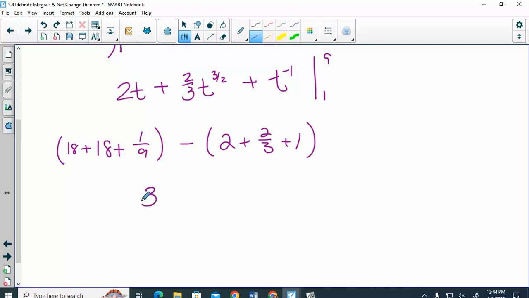So it would be 32 and 4/9. You can tell me what that is as a decimal. I don't have that. Only 32.4 repeating.